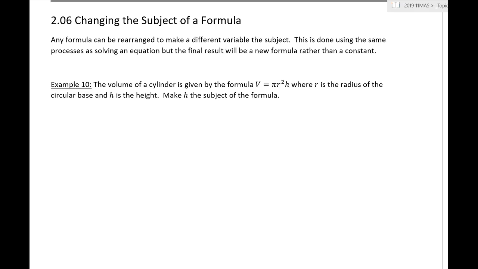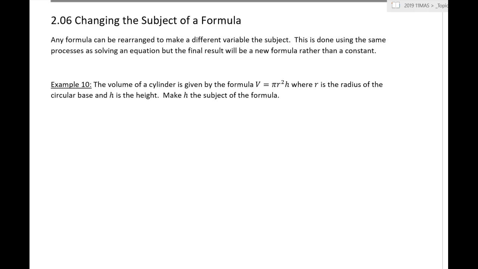What we're doing in exercise 206 is a very similar thing, but without the substitution. We're essentially going to do all the same stuff, but instead of putting those numbers in at the beginning, we're going to make the same changes, but still using our pronumerals, such that we arrive at a new formula at the end with the desired subject.